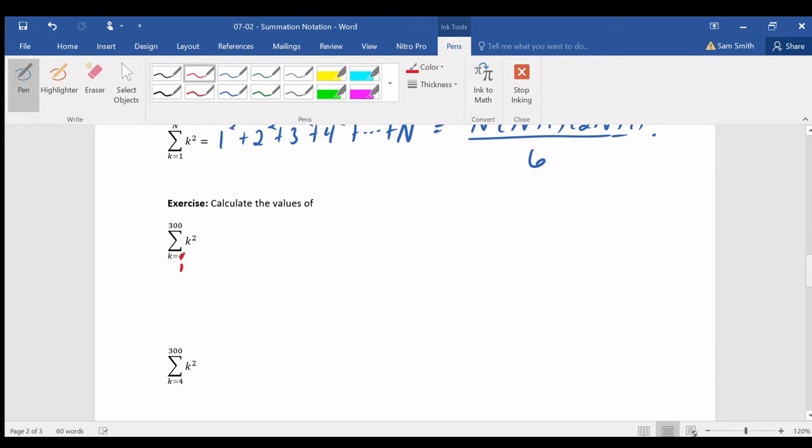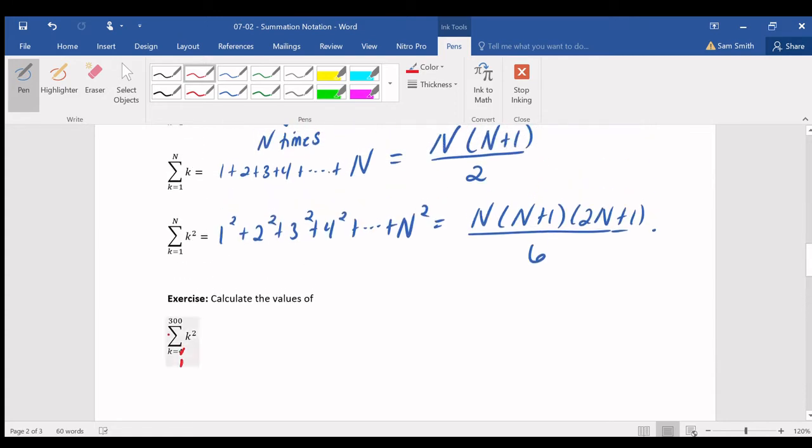Okay, now this is almost an exact replica of the sum as k goes from 1 to capital N of k squared, except for the single modification that capital N has been replaced by 300. So I'll just make a note of that down here below. Capital N equals 300.